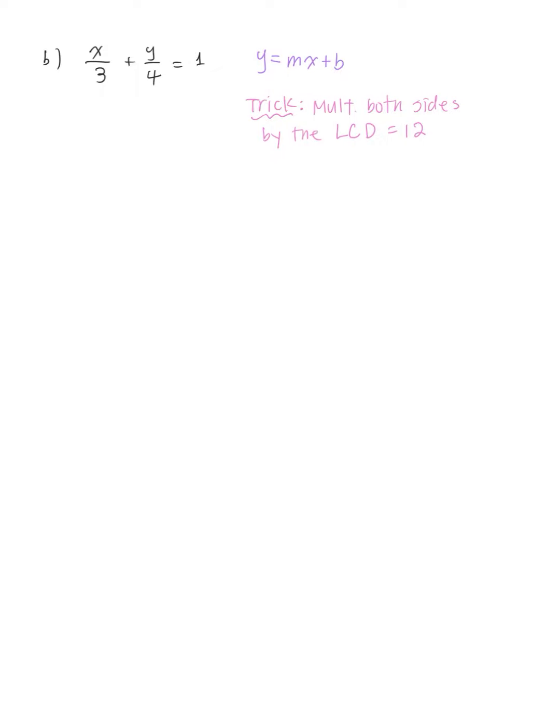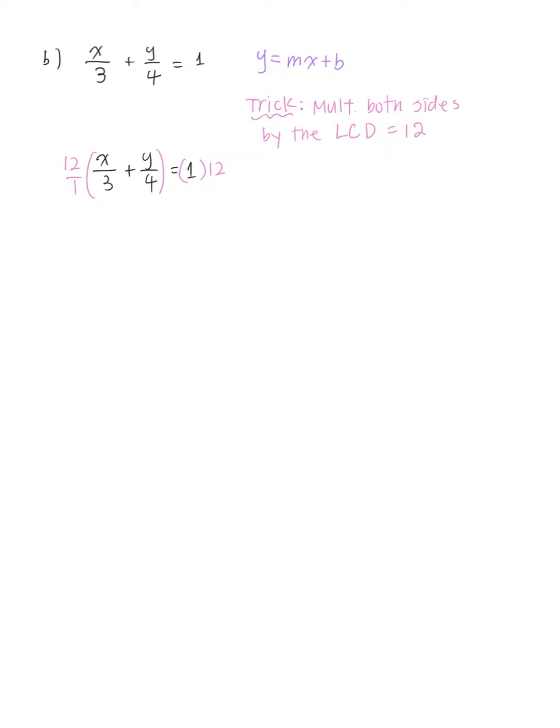Okay, let's see what's going to happen. First, let me copy down the equation here. Now I'm going to multiply both sides by 12. Now, 12 is the same thing as 12 over 1. You don't have to write over 1 if you don't want to.